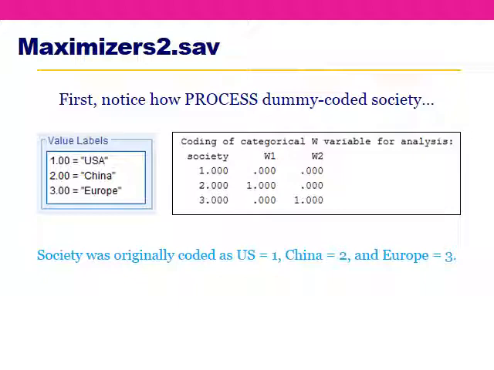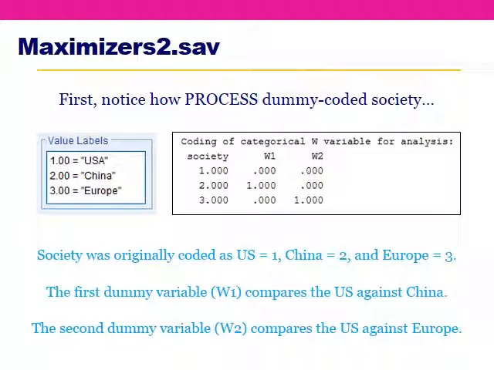Europe has a 0 on dummy 1 and a 1 on dummy 2. In other words, dummy variable 1 is comparing the US against China. Dummy variable 2 is comparing the US against Europe. So this key is really handy in making sure that we know what the dummy variables actually mean, what they're telling us.